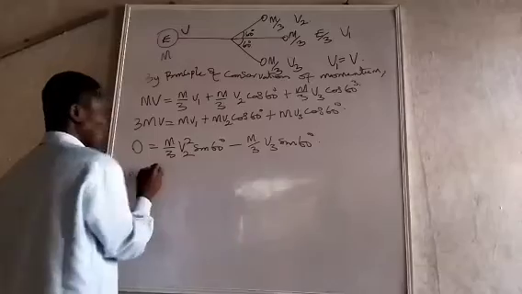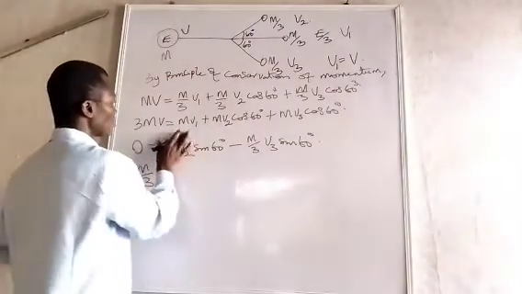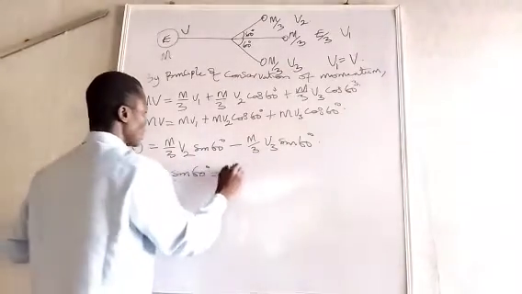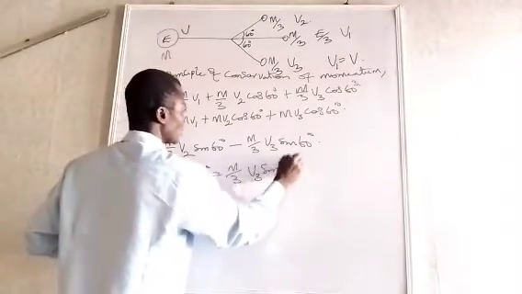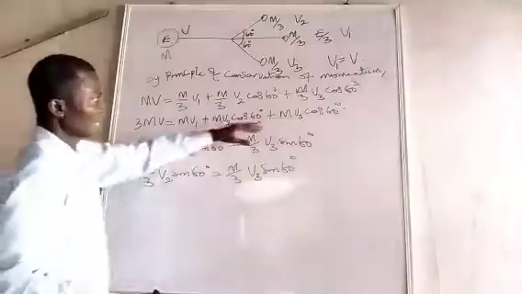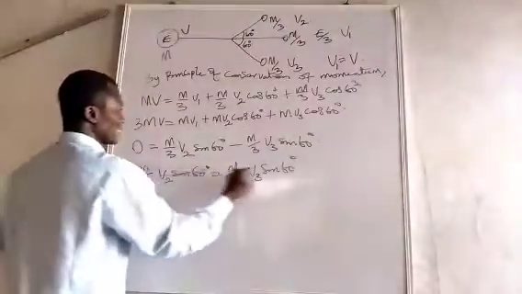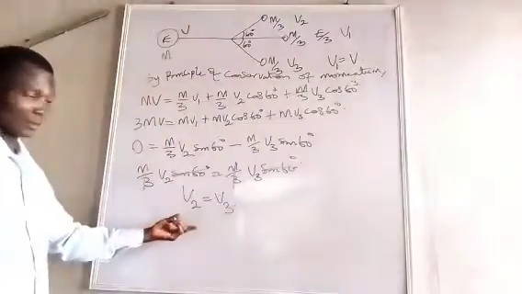So m over 3 v2 sine 60 degrees is equal to m over 3 v3 sine 60 degrees. From this relationship, we can see that v2 is equal to v3.